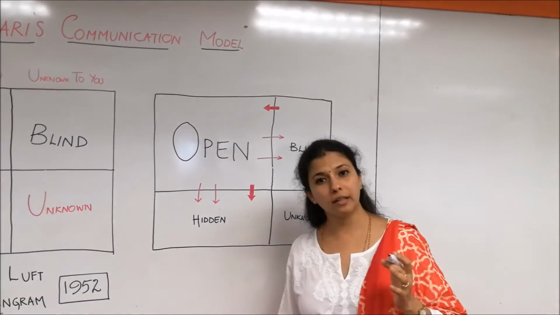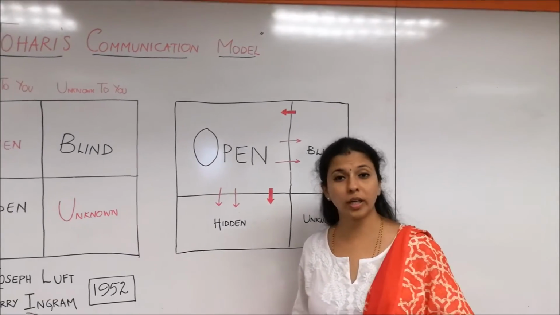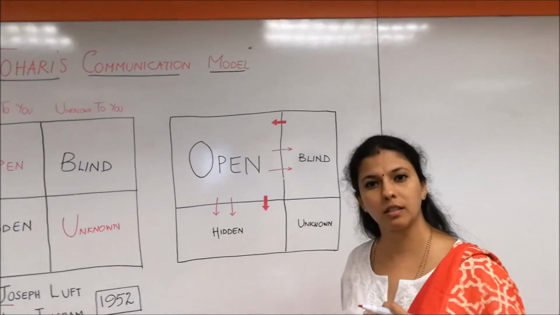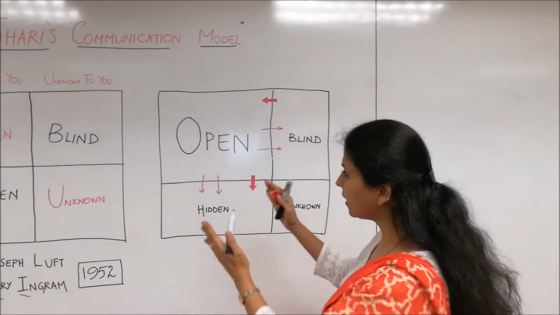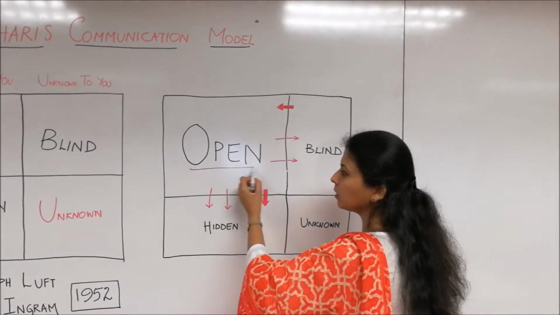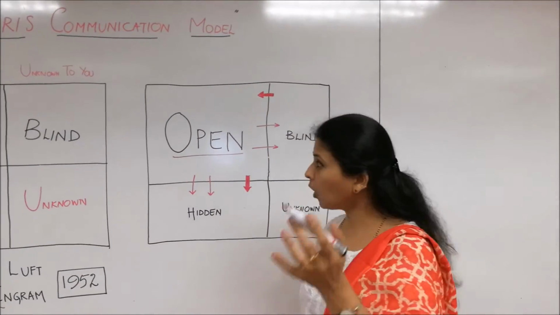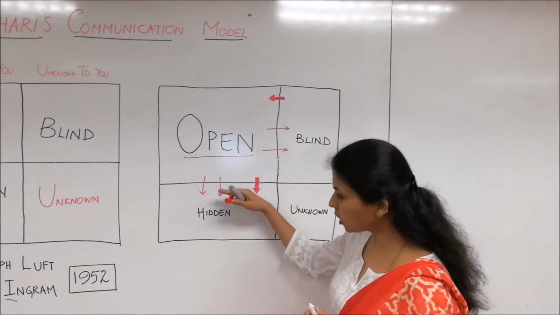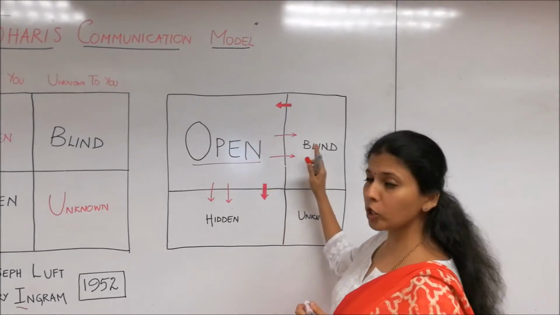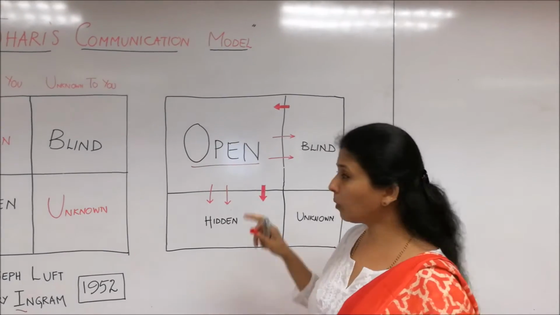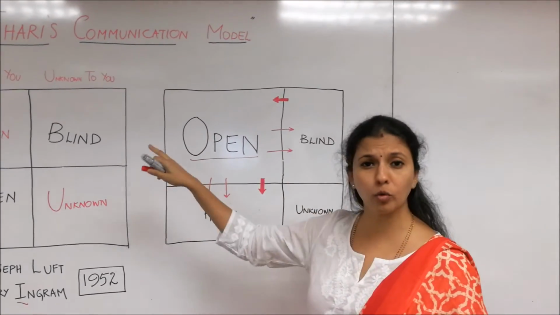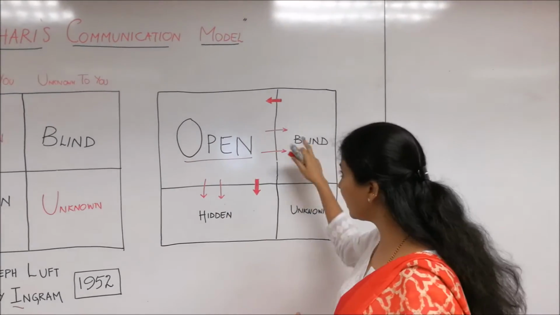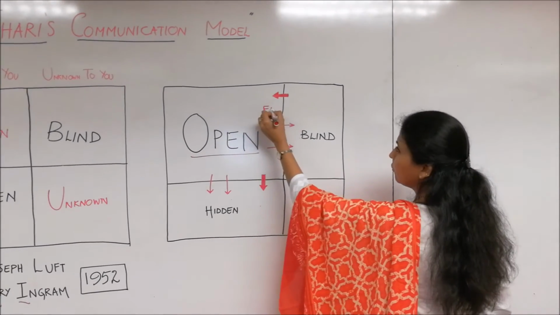Now, in order to build a high trust environment where communication will be at its best, one has to try and increase the area of the open window. Now, how do we do this? By encroaching onto the hidden as well as the blind areas. So the blind areas which are unknown to you and known to others can be known by effective feedback.